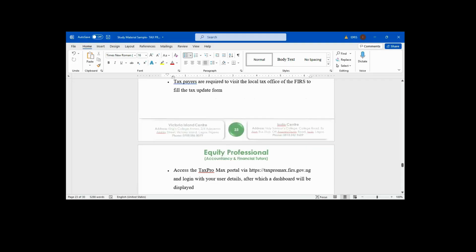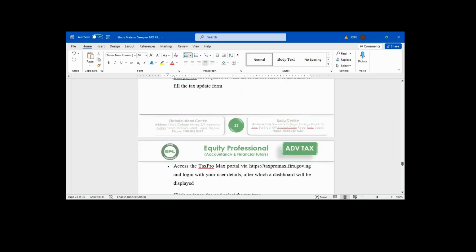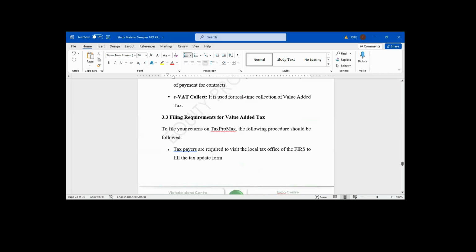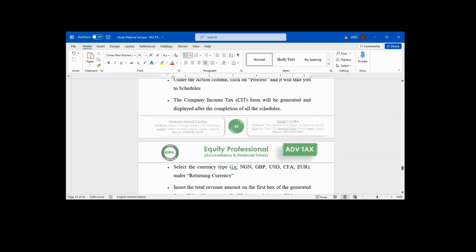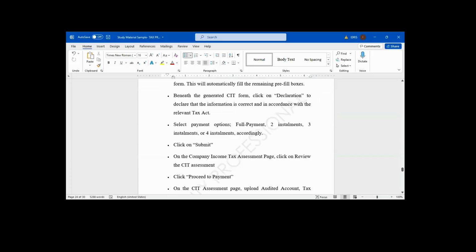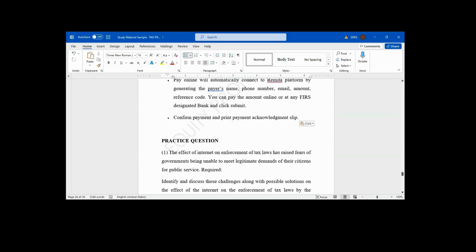How we make use of Tax Promax to file value-added tax return is stated in this, and how to file company income tax return is also stated. So, ladies and gentlemen, this is what we need to know on tax practice in Nigeria.